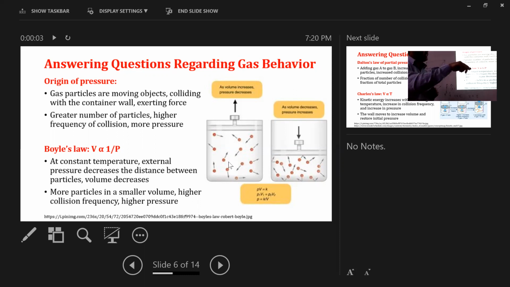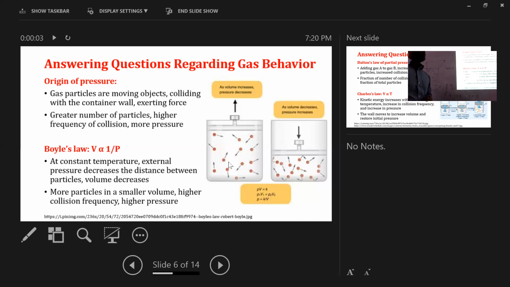Now here you can see the total number of molecules. If you count them, 1, 2, 3, 4, 5, 6, 7, 8, 9, 10, 11, 12, 13. So here we have 13 molecules, and the volume is up to this level.